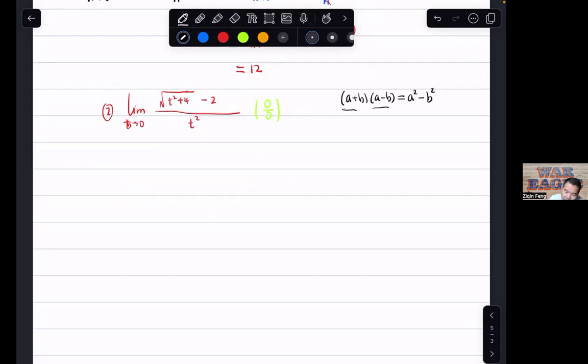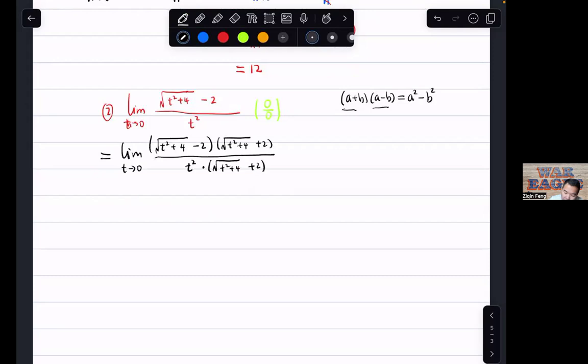By our discussion, the conjugate of the numerator is quite clear, which is square root of t squared plus 4 minus 2, times square root of t squared plus 4 plus 2, over, we don't want to change our function, so we do the same thing in the denominator, times square root of t squared plus 4 plus 2.